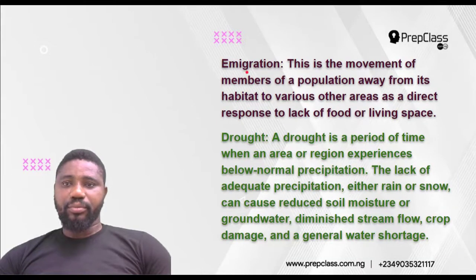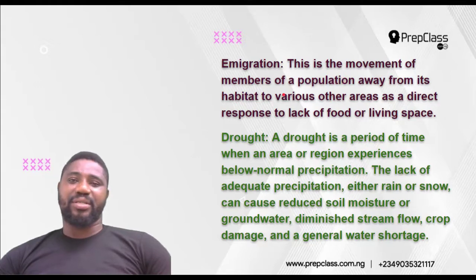Emigration. This is the movement of members of a population away from its habitat to various other areas as a direct response to lack of food or living space. So emigration will not cause them to compete.